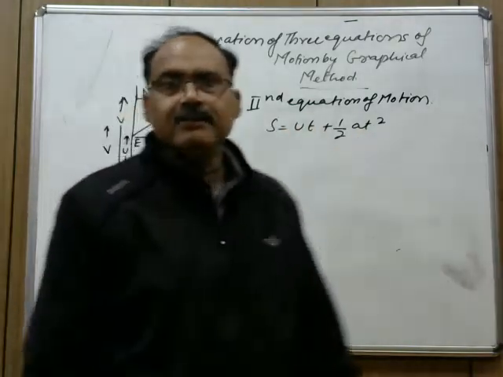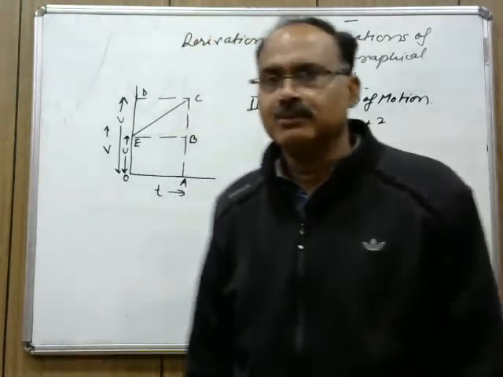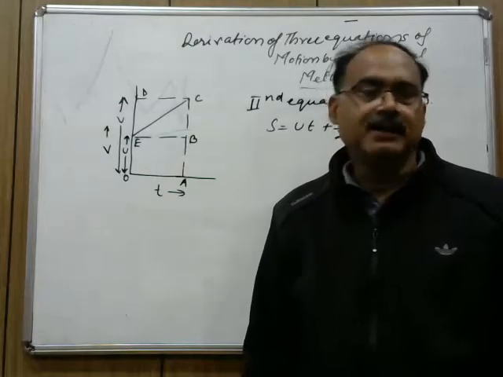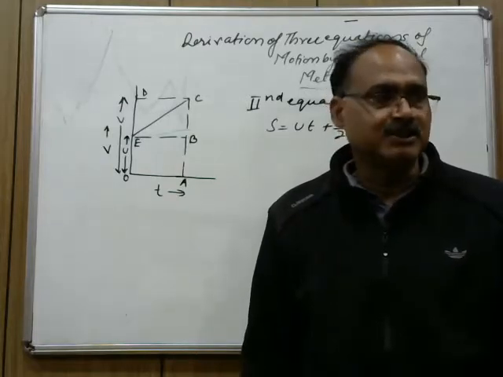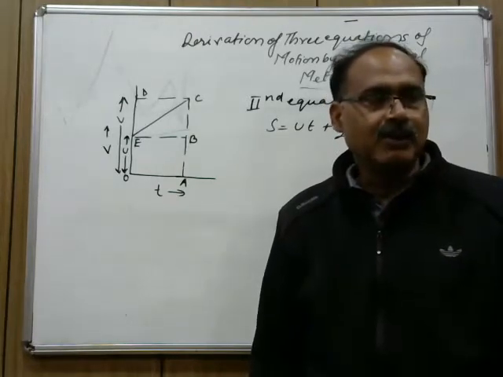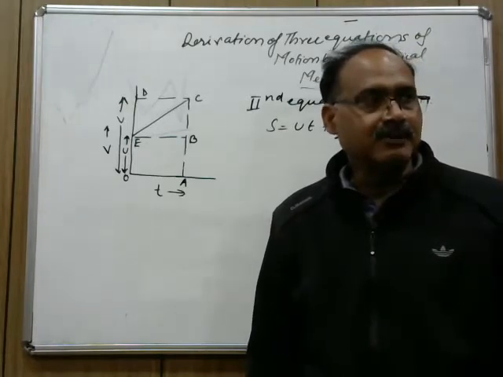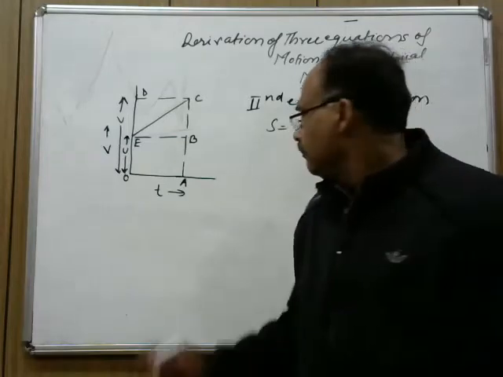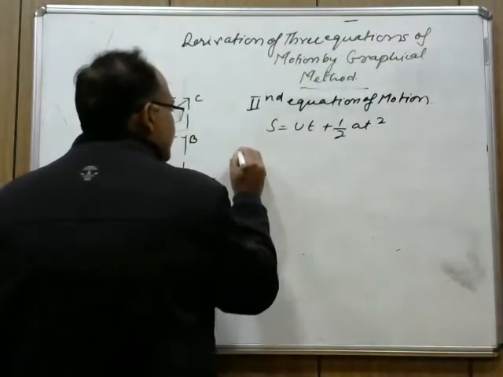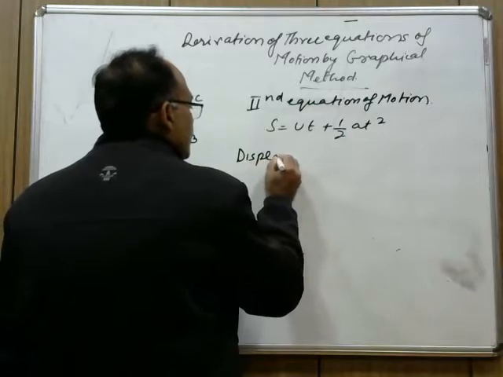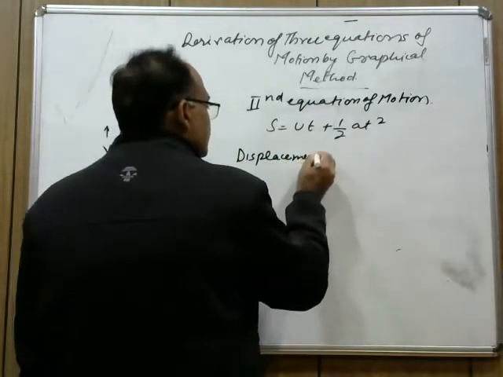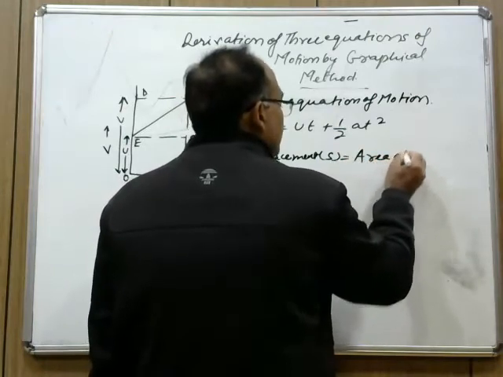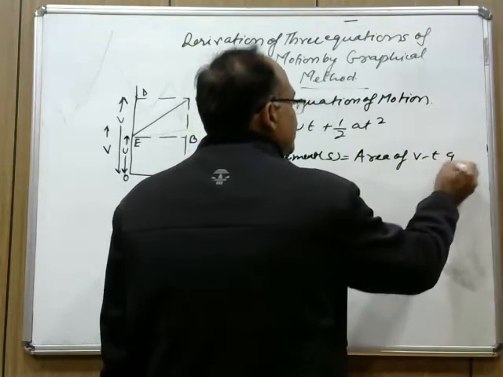Now here, for deriving the second equation of motion, we will consider the concept that the area bounded by the velocity time graph gives the displacement of the body. Okay. So we can write displacement S is equal to area of the velocity time graph.